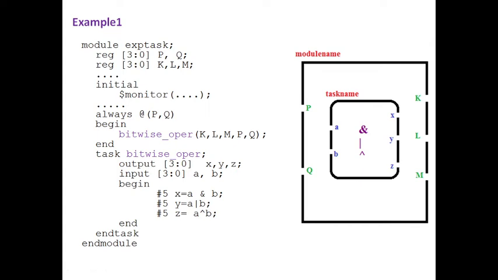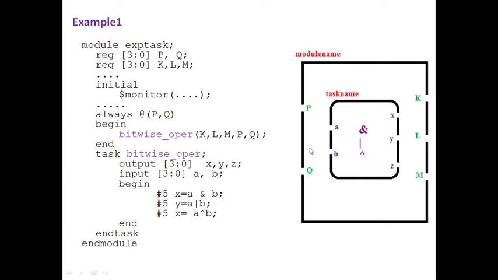So that means here you can see when the task is completed, the output values which are produced by XYZ are passed back to the calling output arguments. So these KLM are nothing but the calling output arguments. Therefore, I can say that now XYZ is handing over its value to your KLM output ports.